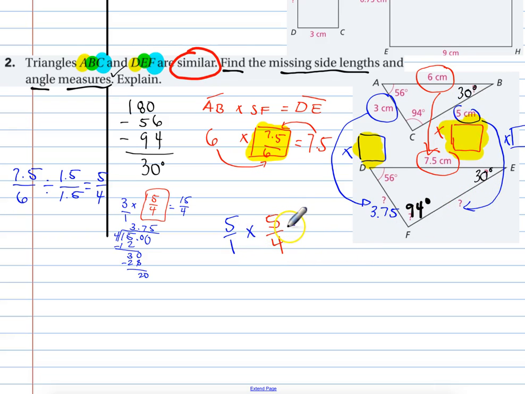5 times 5 is 25 over 4. So 25 divided by 4 gives me 6, 24, subtract, 1, decimal, 0, 0.